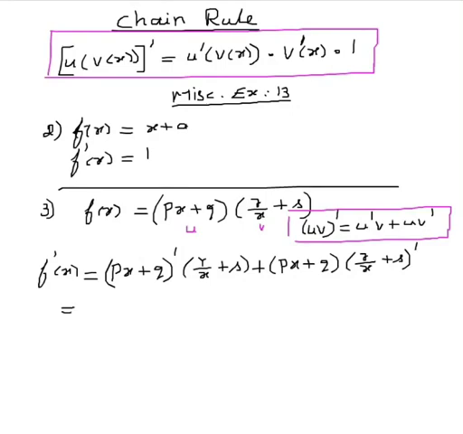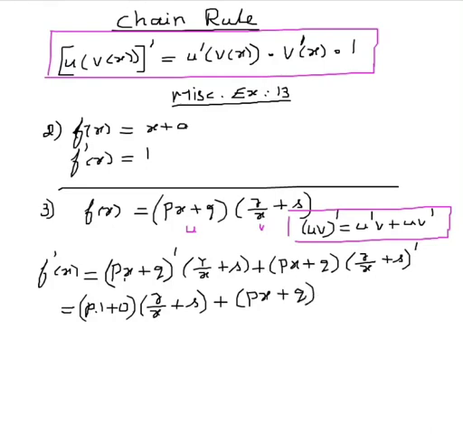Let's differentiate. If we have a constant and a variable, we keep the constant and find the derivative of x. Differential of x with respect to x is 1 plus differentiation of q is 0, times r by x plus s, plus px plus q times.